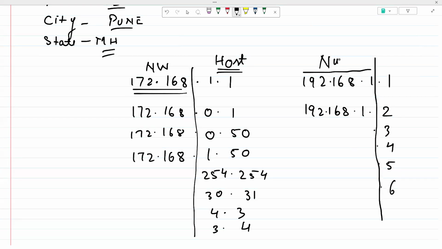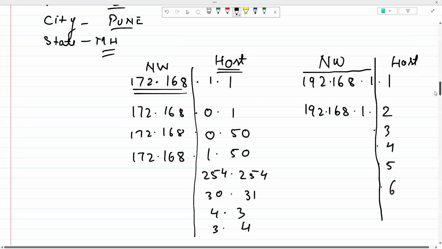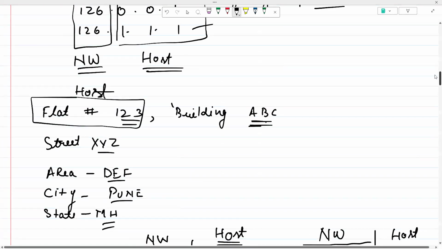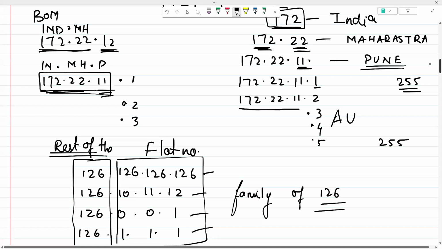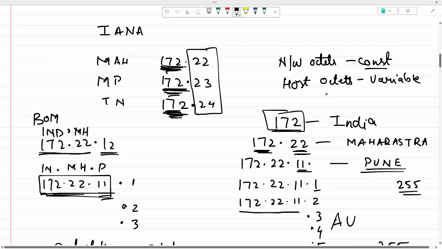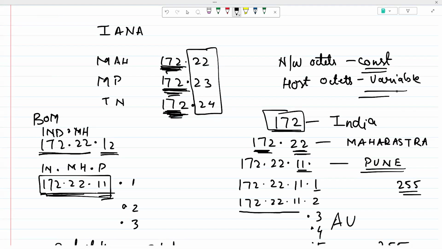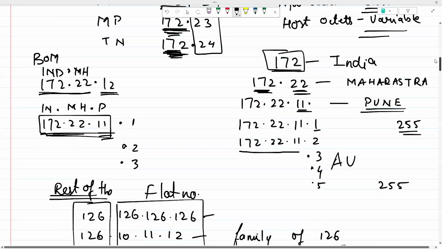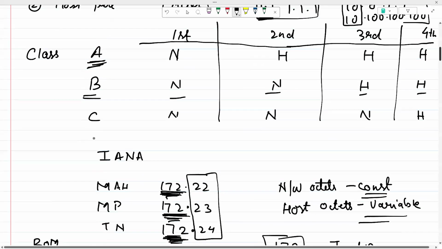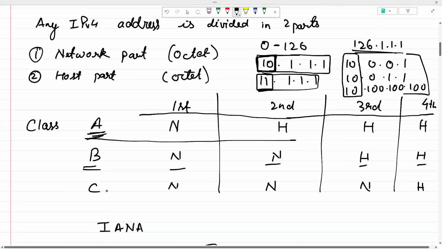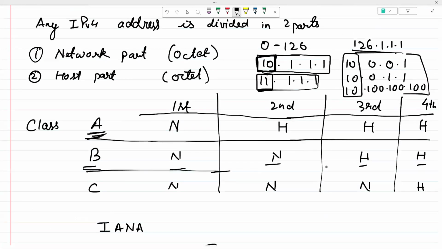That is called as the network part. The last octet, which is the host octet, will keep on changing. So in the simplest form, as I said, the network octet is constant. The host octet is variable. Again, it depends on which class we are using, right? So here is that matrix of how many network octets there are in each different class.